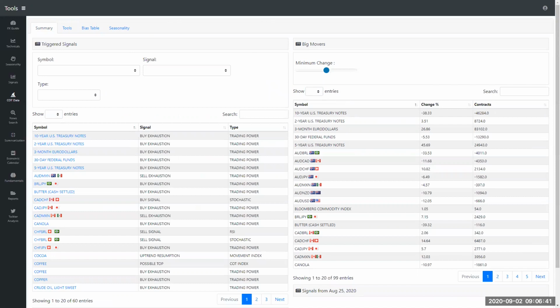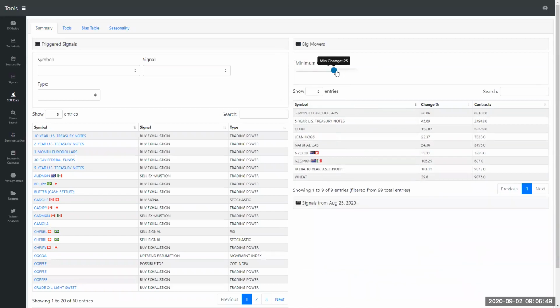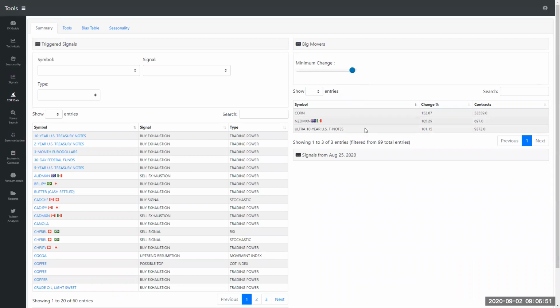This is something that sometimes we ignore, but we should not. That is the big mover tables. So right here, let's say that we want to know what assets had at least 85% change on the net positions. So we just come here and slide this little slider to the value that we want.